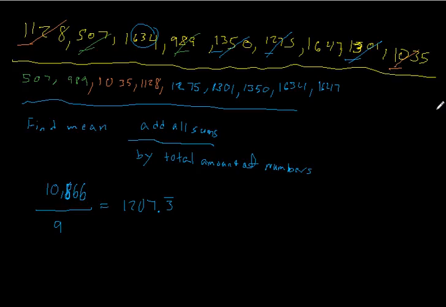Median's a little bit simpler, it's finding the middle value. I'm going to count each one and find the middle value. Pretty simple. 1275 is my middle value, but since I knew there were 9 values, I could subtract 1 and just say, hey, 8 values divided by 2 is 4.